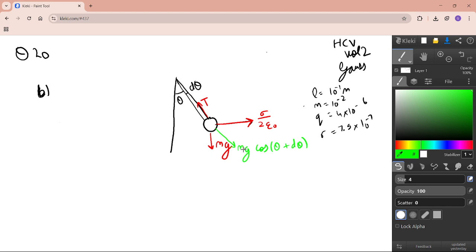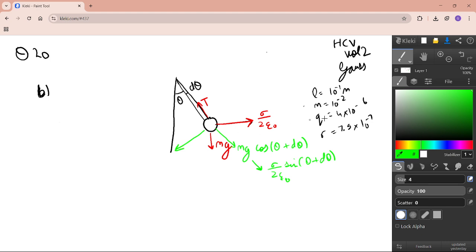And this is sigma by 2 epsilon naught because this makes 90, it's 90 minus theta, so it will be opposite: sine(theta plus d theta). But you do not need this kind of equilibrium. Just resolving, it's not needed, just for context's sake.